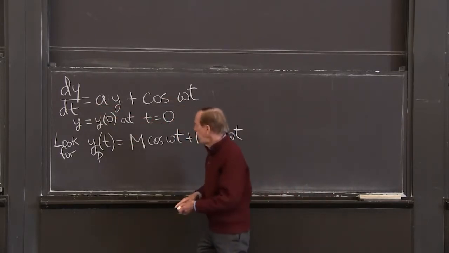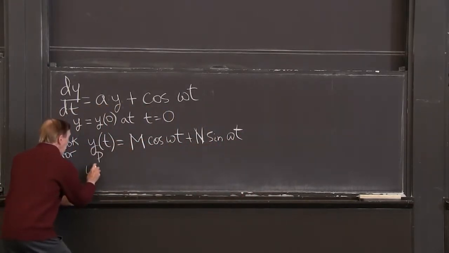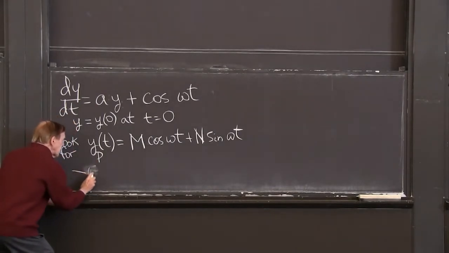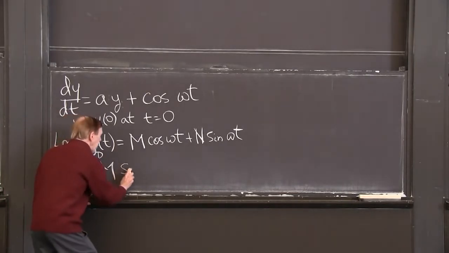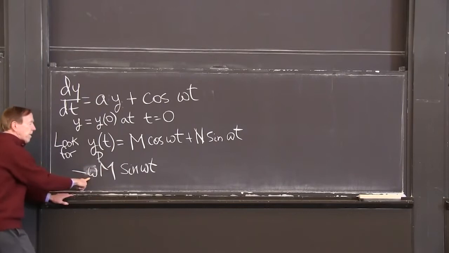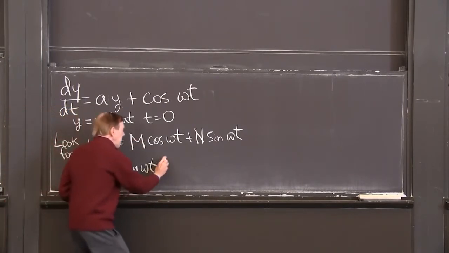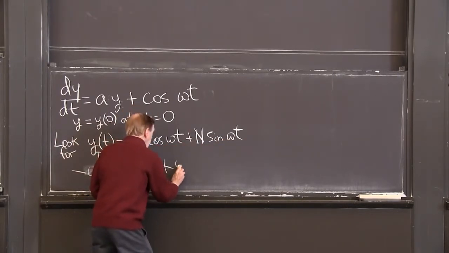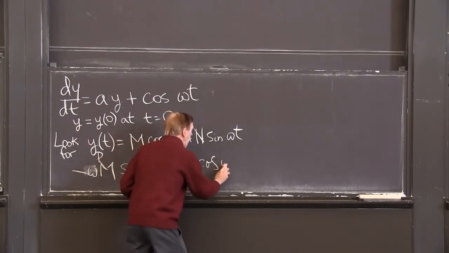On the left side, I want the derivative. So that will be, well, the derivative of the cosine is minus omega m sine omega t, right? The derivative brought out this factor omega. The derivative of cosine was sine. Now the derivative of this brings out a factor of omega, omega n cosine omega t.